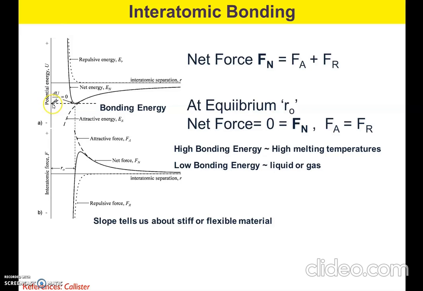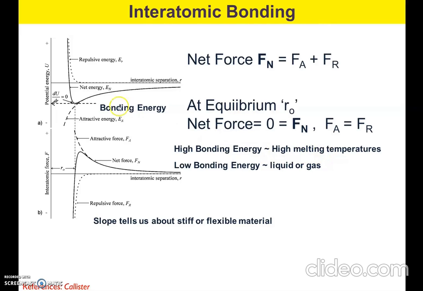Okay, so if this value here is very large, then we can conclude that the bonding energy between the atoms is very large. This can signify that if this kind of bonding is happening, and this is the potential energy curve that results, you will have a solid with a very high melting temperature.